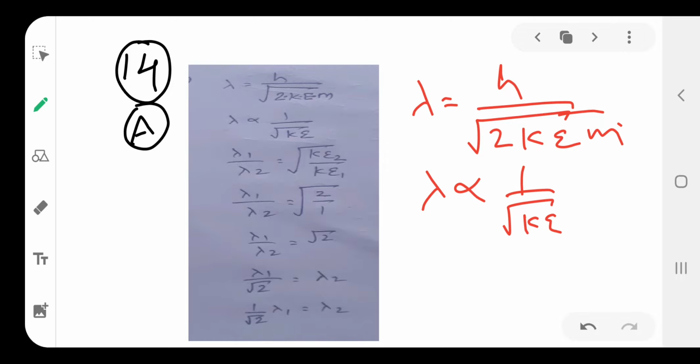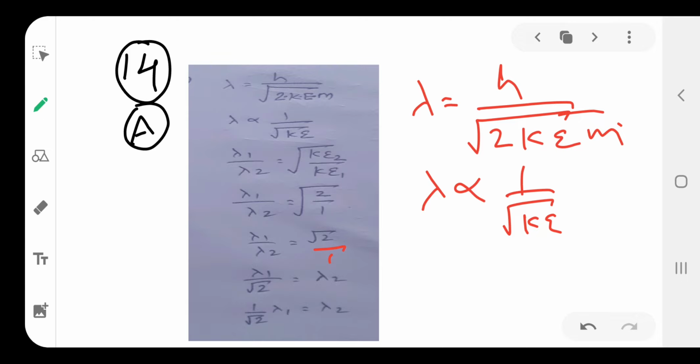Then lambda 1 by lambda 2 is equal to under root of KE2 divided by KE1. KE2 is doubled, so root of 2 by 1. Then lambda 1 by lambda 2 is equal to root 2 divided by root 1, whose value is 1.